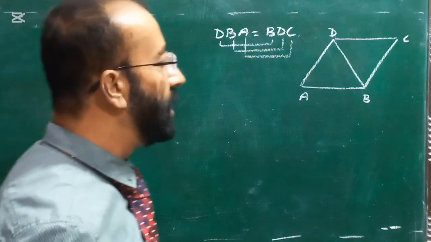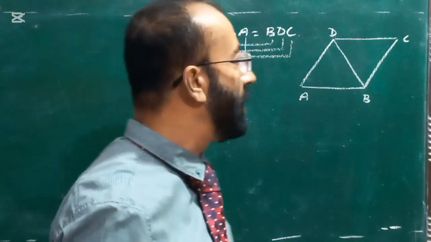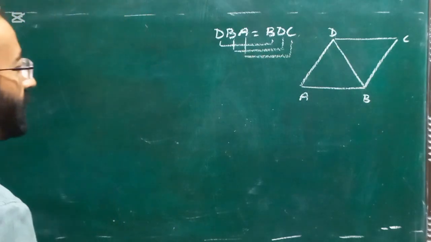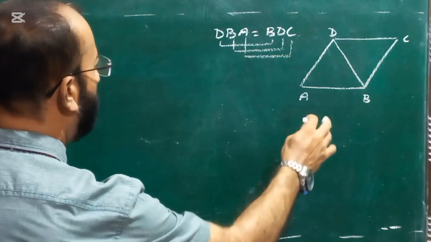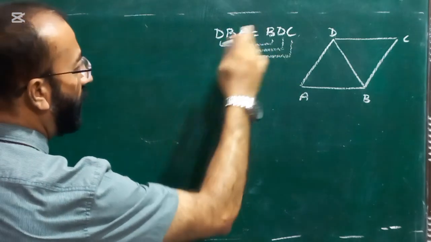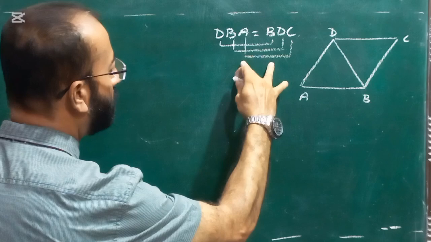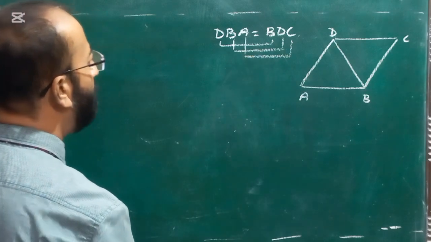Okay, now requirement is find the 6 pairs of the equal sets. So look now, BD from here, if you are clear in this thing, then the rest of the things will be very easy.